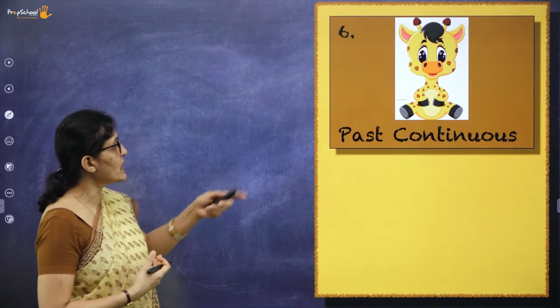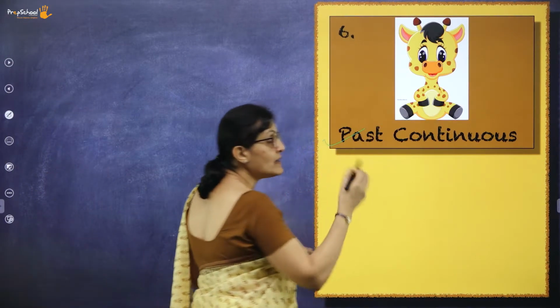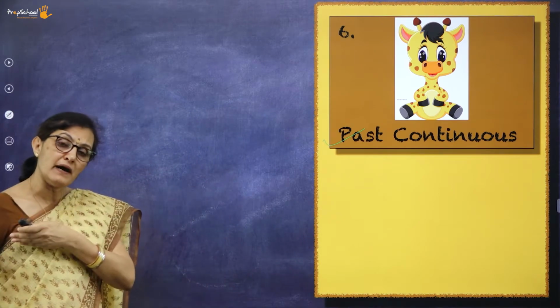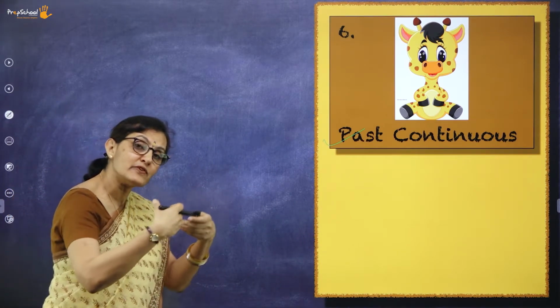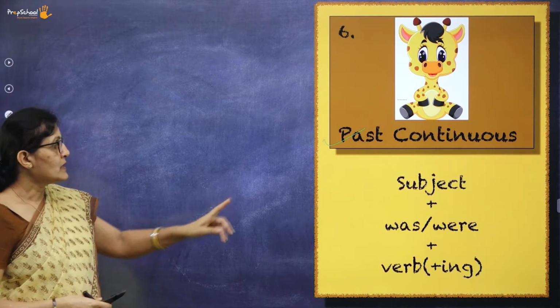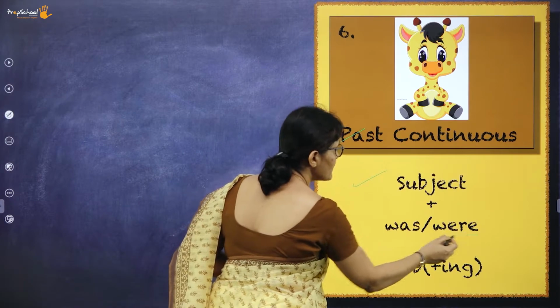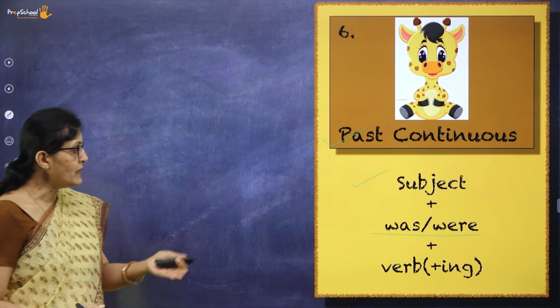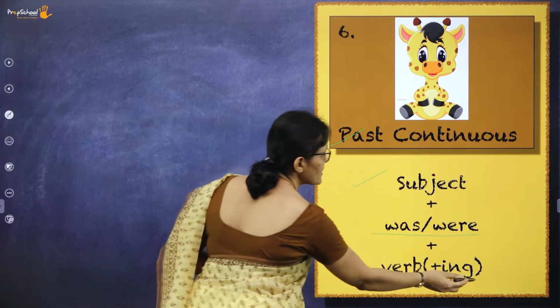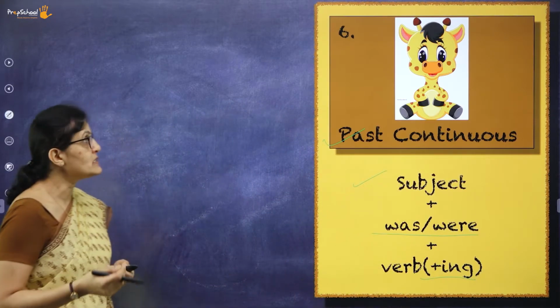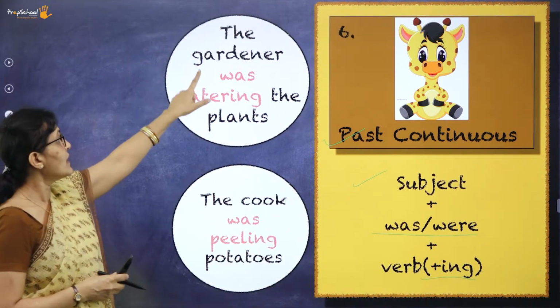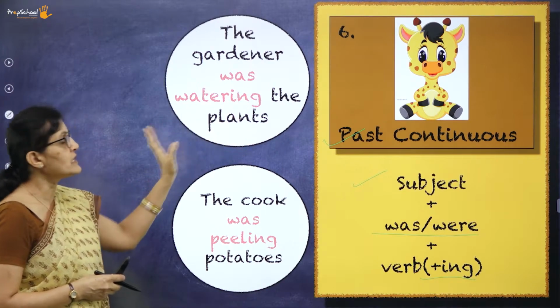Moving to the next one, past continuous. The action is past, but it is continuous. It was happening. So the subject, and what is the verb form here? Was or were, and then it will always have ing because of continuous. So what is the example here? The gardener was watering the plants.